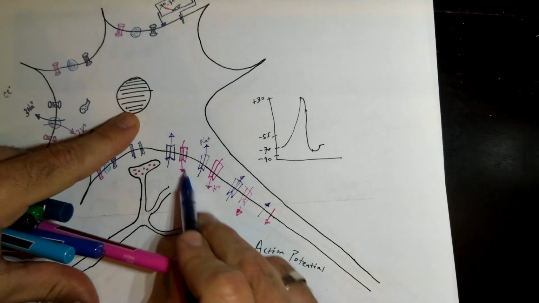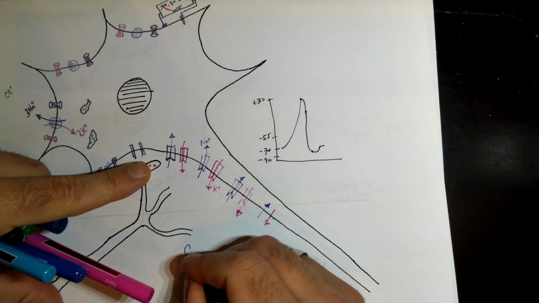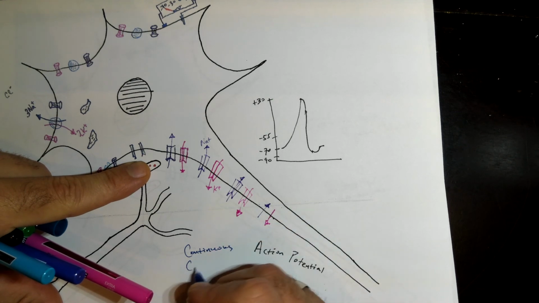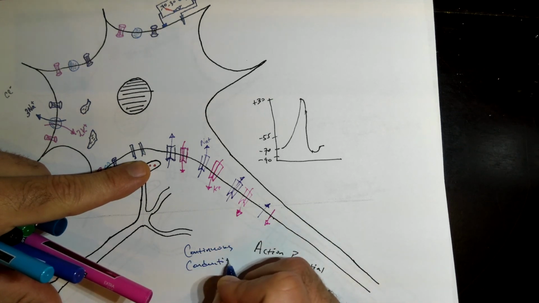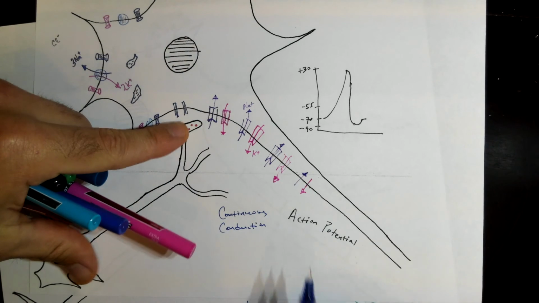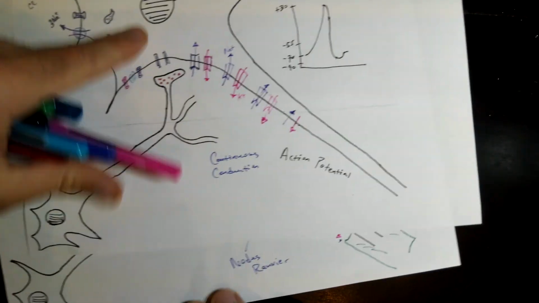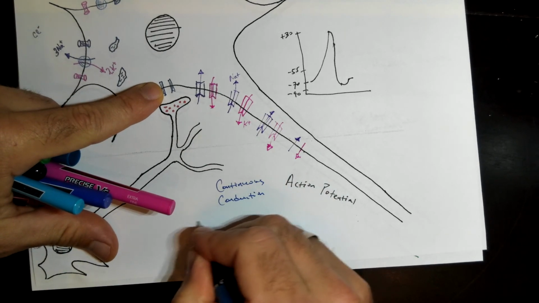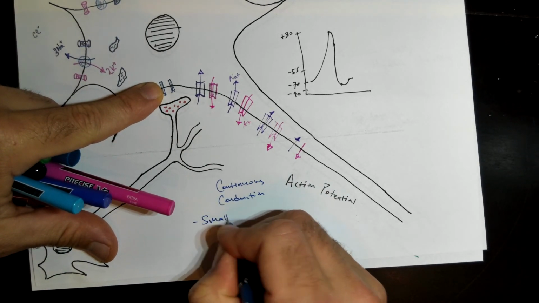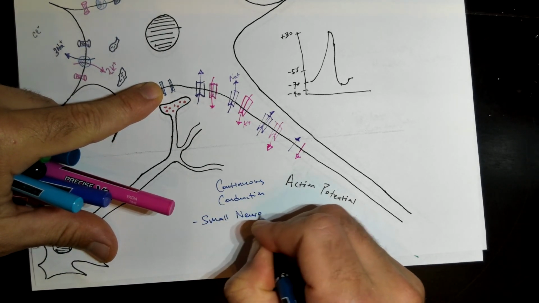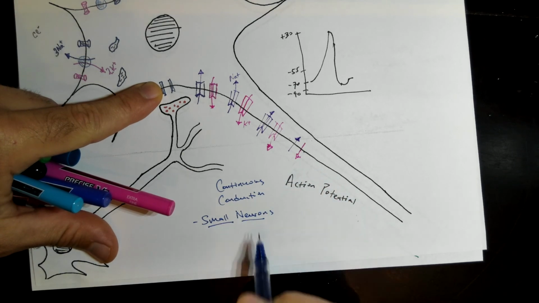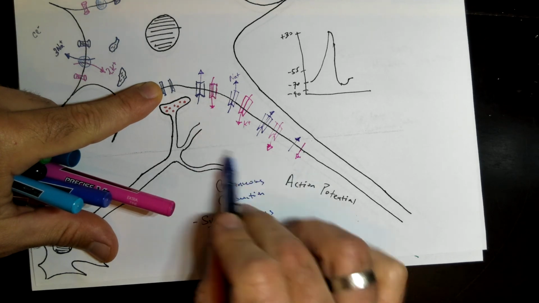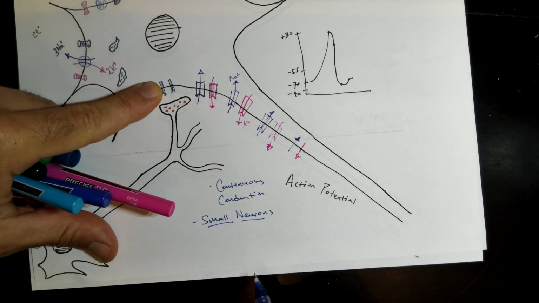This one, where we have no myelin, is known as continuous conduction. And you see, continuous conduction is common in small neurons. Why? Because with small neurons, because they're already short, you're not going to lose much speed if you have continuous conduction.